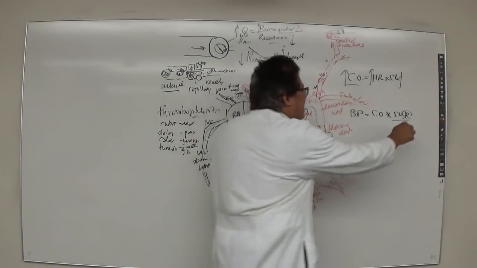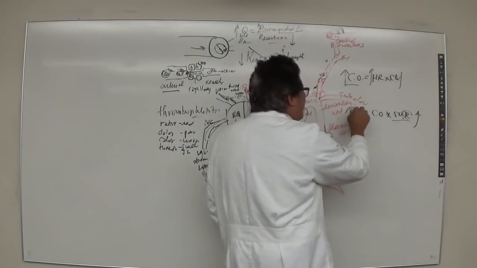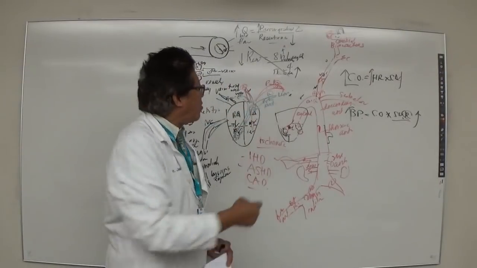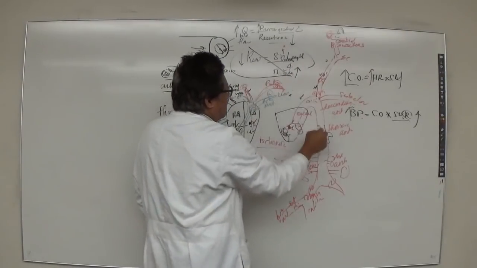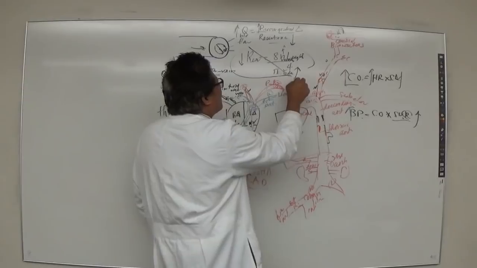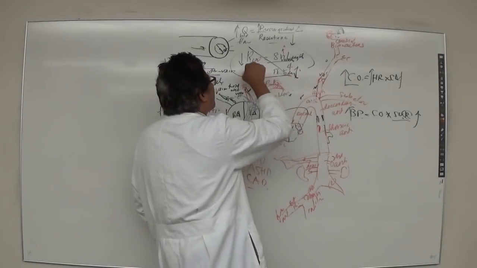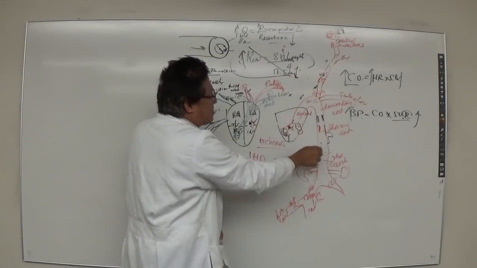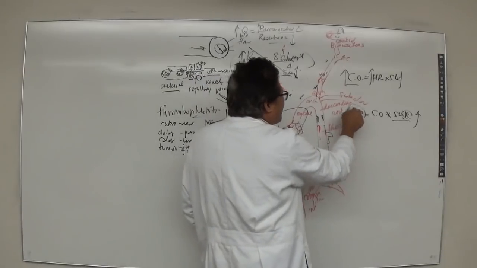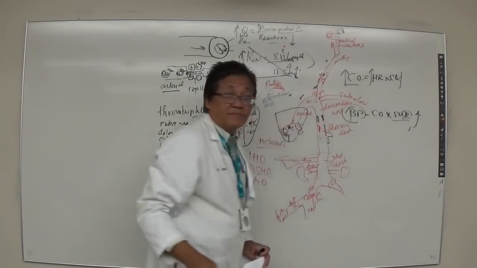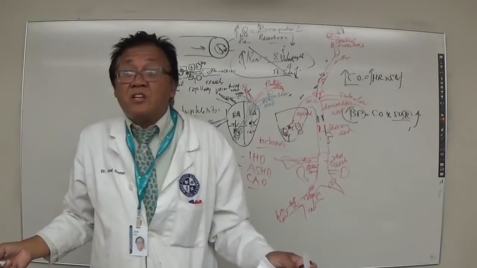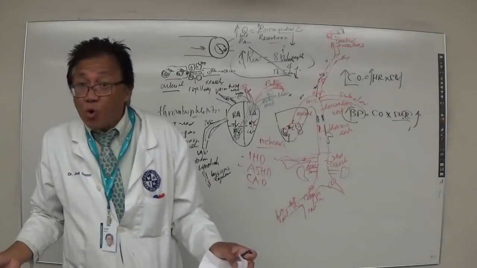If you increase the resistance, what happens to your blood pressure? It goes up, just like what happens here in the resistance, right? If you have fat deposits here, you decrease the radius and increase resistance. What happens to the blood pressure when you increase the resistance? It goes up. That's the reason why we have hypertension among patients with fat deposits in the aorta.